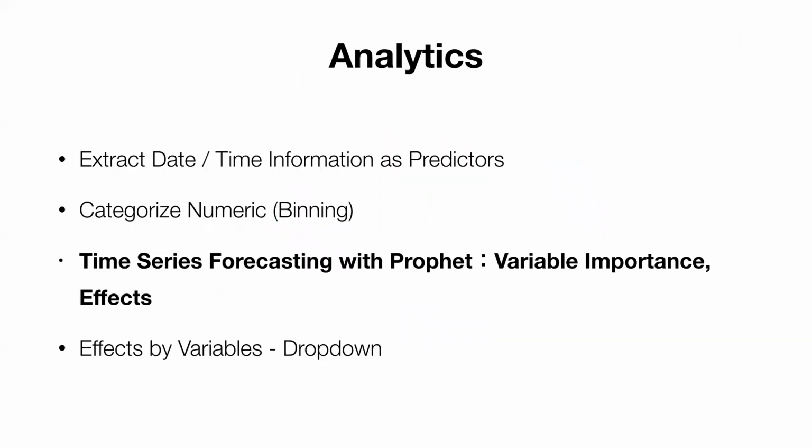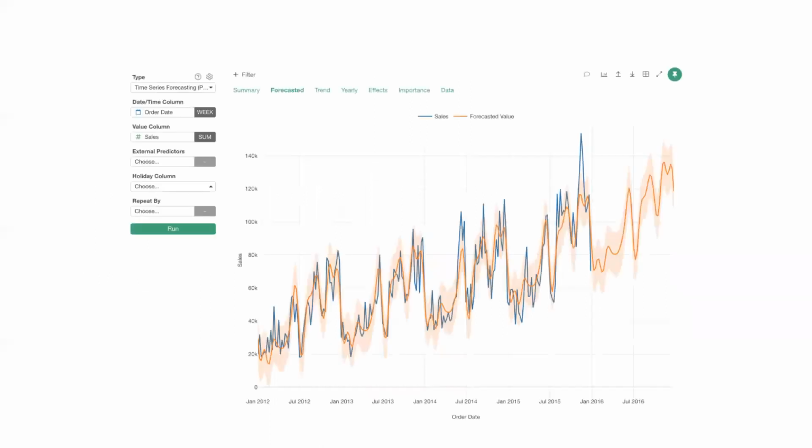Okay, and then the third, time series forecasting with Prophet. Here you can set the order date. Imagine this is your customer sales data, and you see the sales trend using a line chart, that blue line.